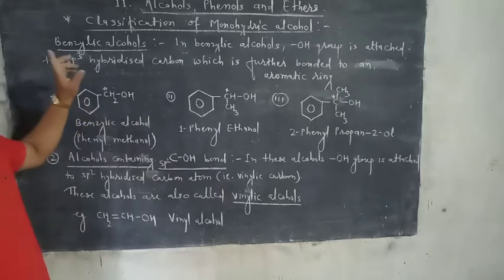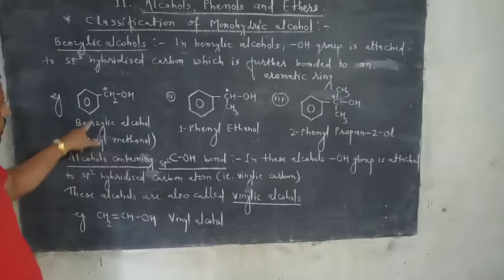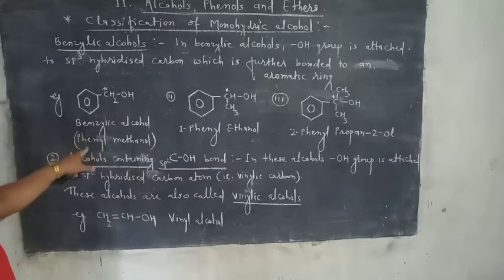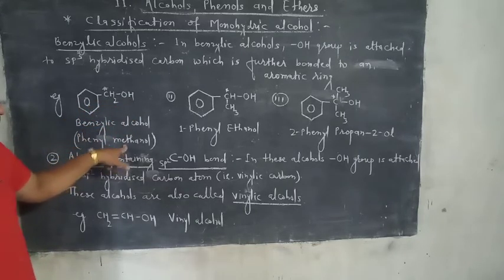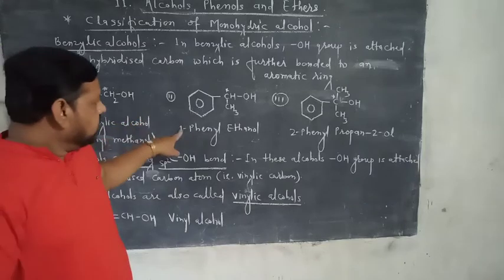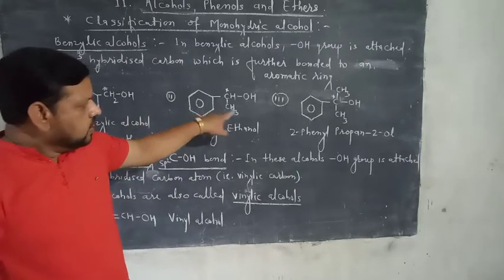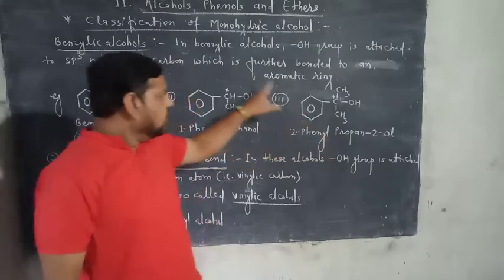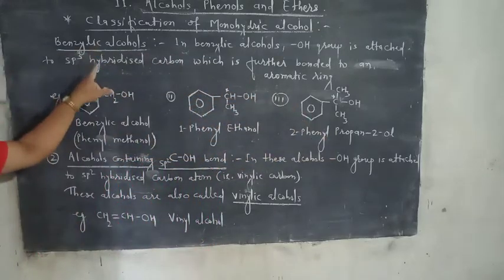That is called benzylic alcohol. For example, benzyl alcohol C6H5CH2OH, also called phenylmethanol. Then the second example is 1-phenylethanol. The third example is 2-phenylpropan-2-ol. These are the examples of benzylic alcohols.